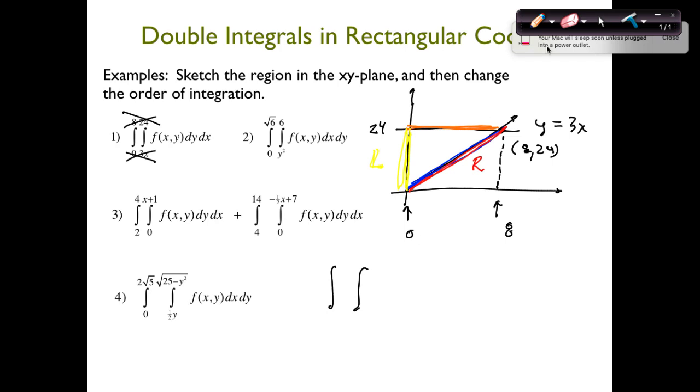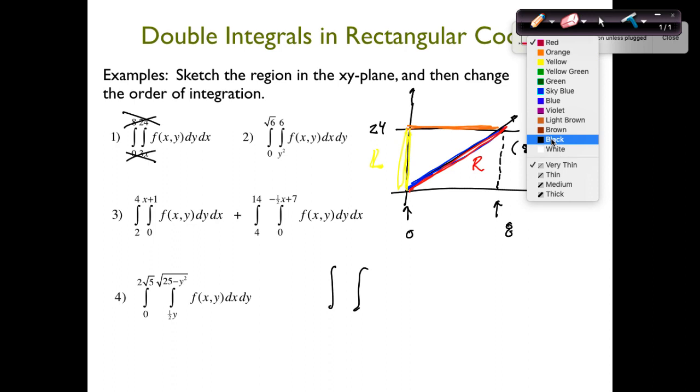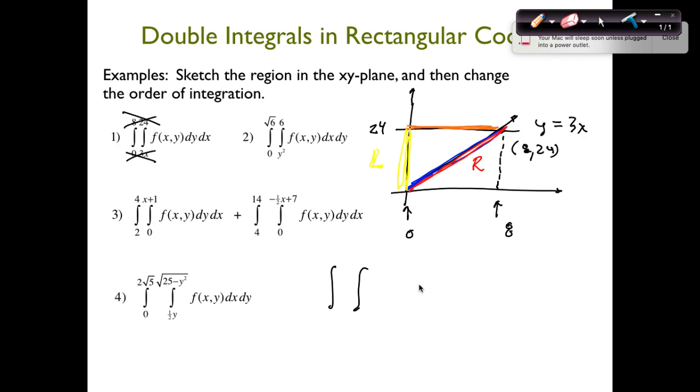Okay, so here we go. So left is x. So we're doing dx, dy. So left side is x equals 0. Right side is, the red one, would be x equals what? y over 3.